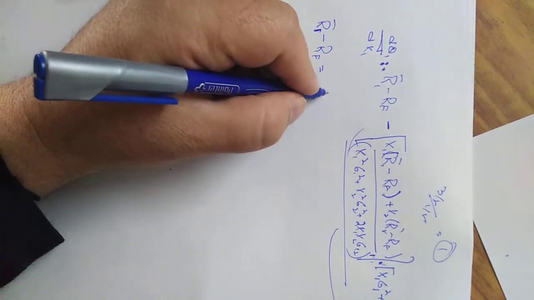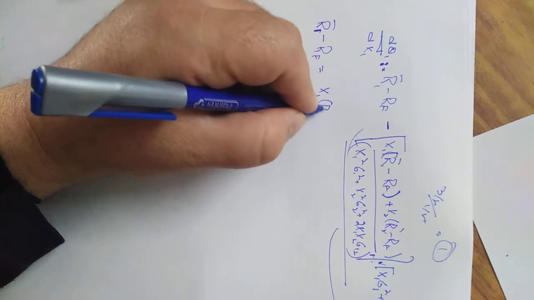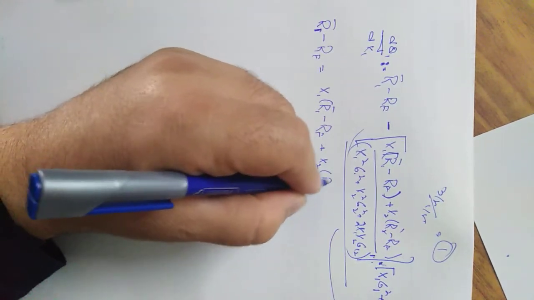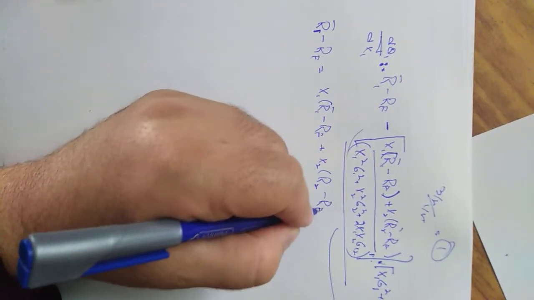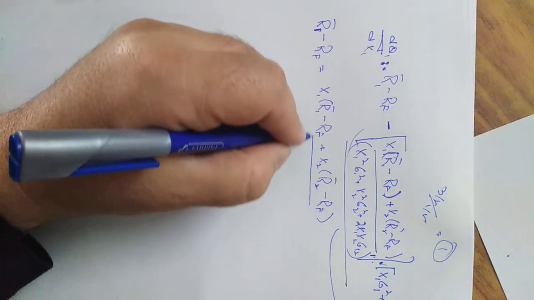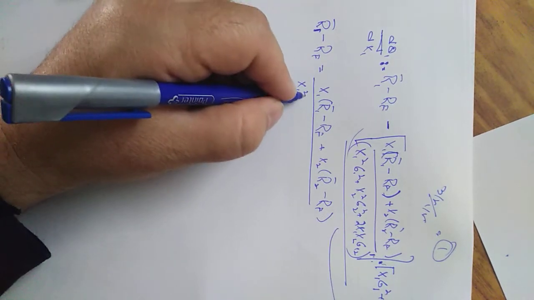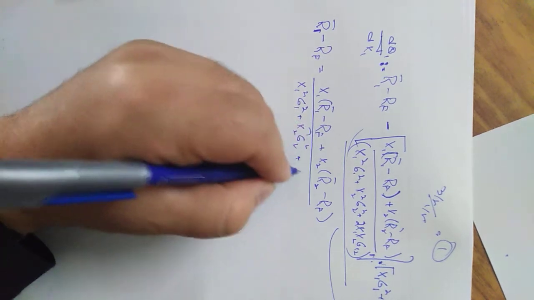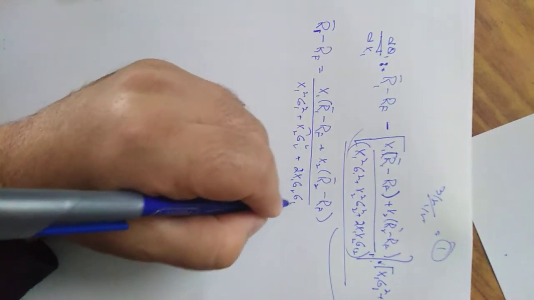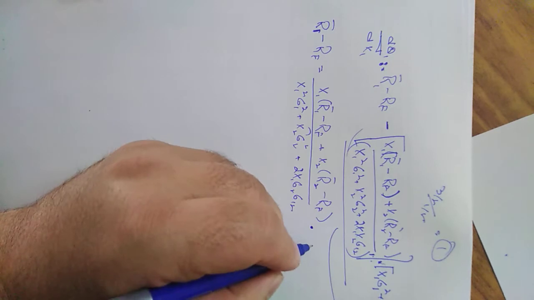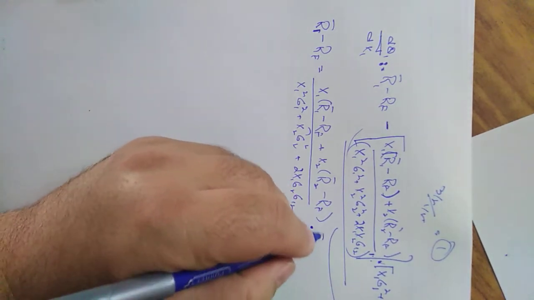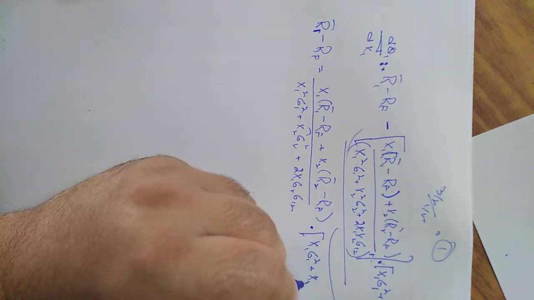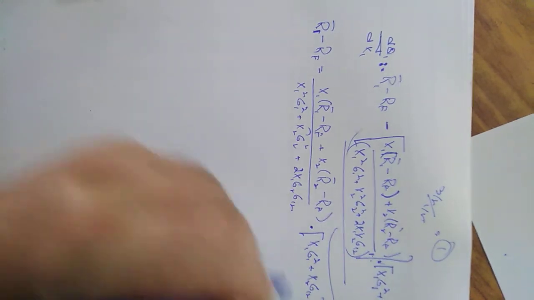I get x1 (R1 bar minus RF) plus x2 (R2 bar minus RF), into x1 x2 variance, plus x2, is equal to 0.